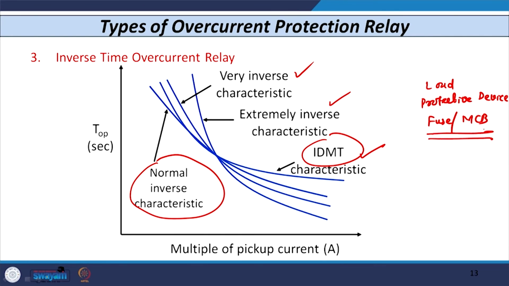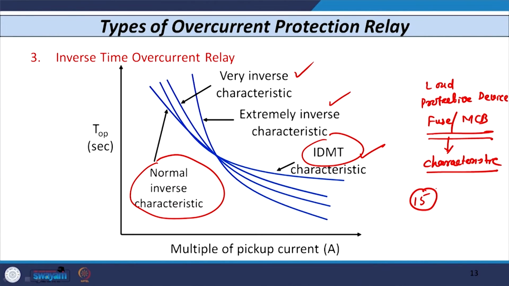This fuse or MCB has some specific characteristic or curve, and whatever characteristic the fuse or MCB has, we have to coordinate exactly with the overcurrent relay which we have installed. So, when we coordinate the overcurrent relay with the fuse or MCB characteristic, we may need different characteristics like normal inverse, very inverse, extremely inverse. That is why the manufacturer is providing such characteristics.